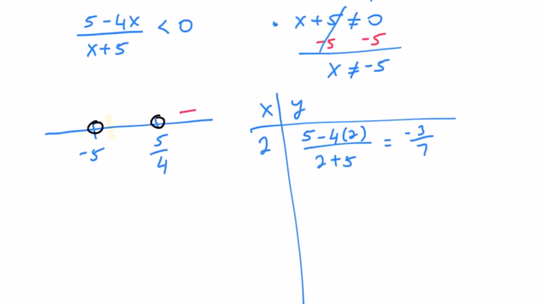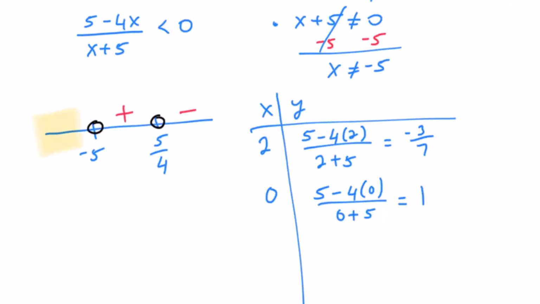Pick a number that is between negative 5 and 5 over 4. So let's pick 0. So we have 5 minus 4 times 0 over 0 plus 5. So this is 1. So we have a positive interval.